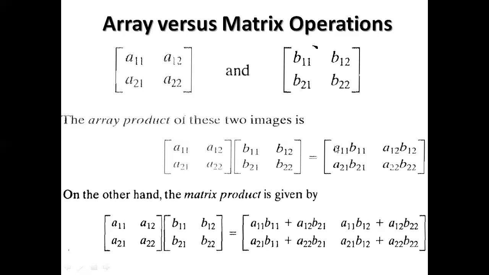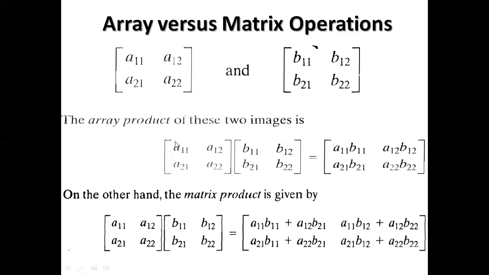If we are applying the array product between these two images, we are just multiplying like an array. Multiplying here means the corresponding elements will be multiplied.